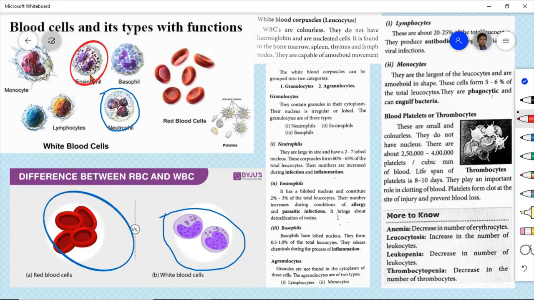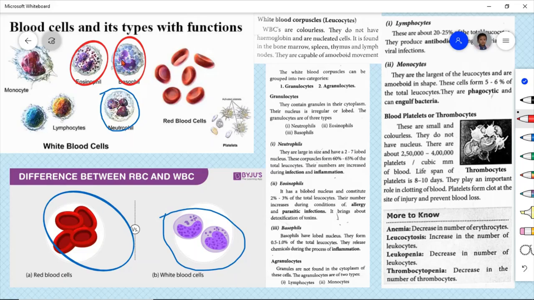Then the third one is basophils. The third granulocyte is basophil. Basophils have a lobed nucleus, only 1 lobe. See here. The total percentage is 0.5 to 1% of the total leukocytes.